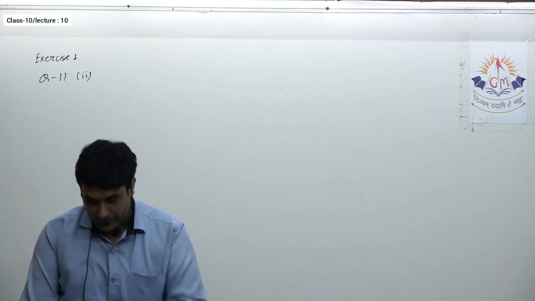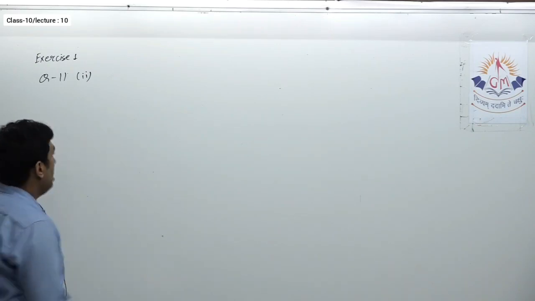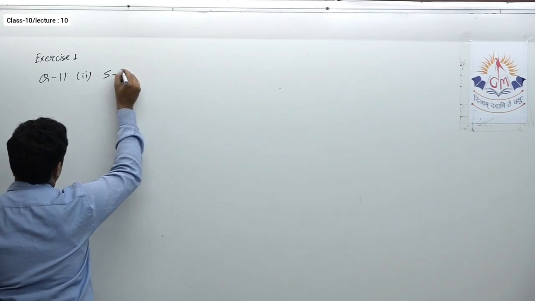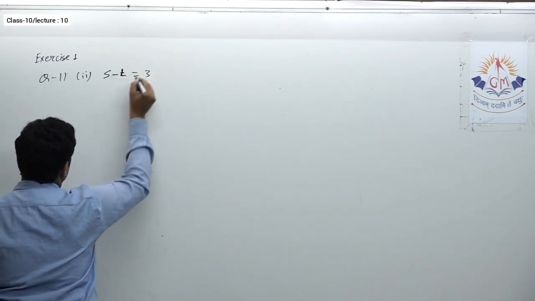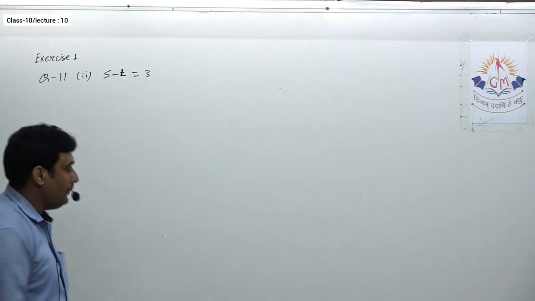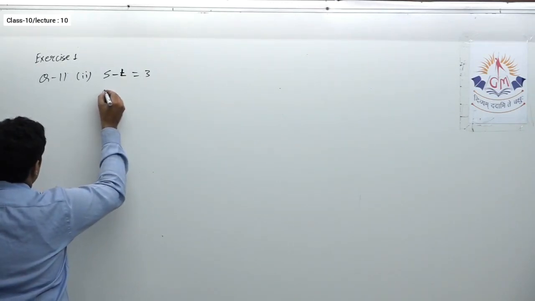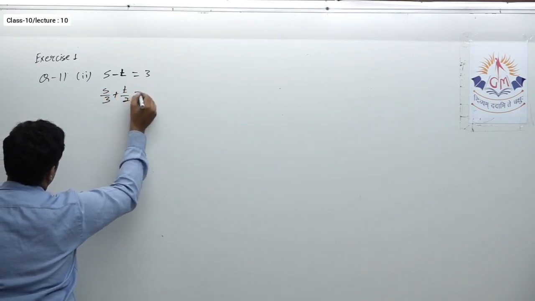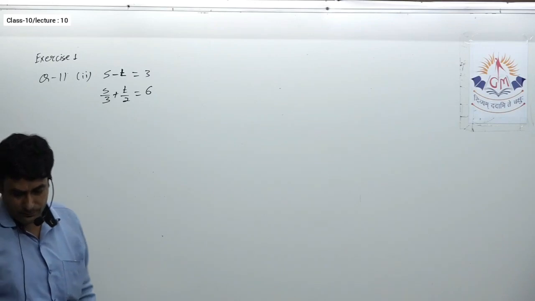In this we will see the second one: s minus t is equal to 3, and the second equation is s upon 3 plus t upon 2 is equal to 6.